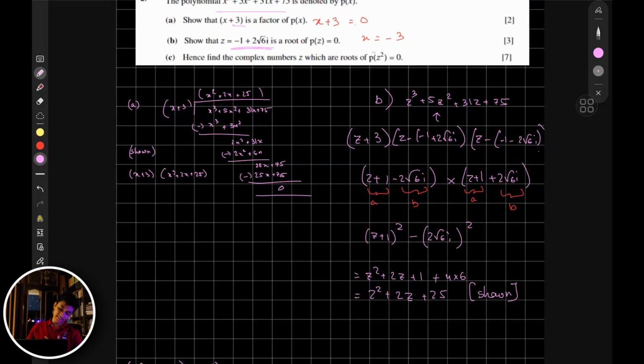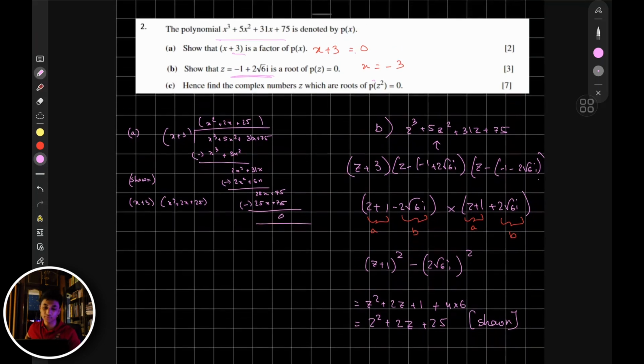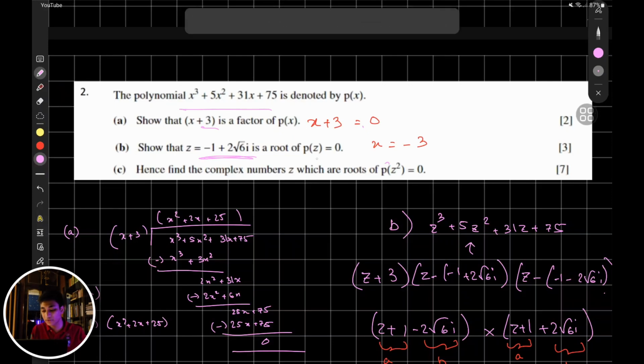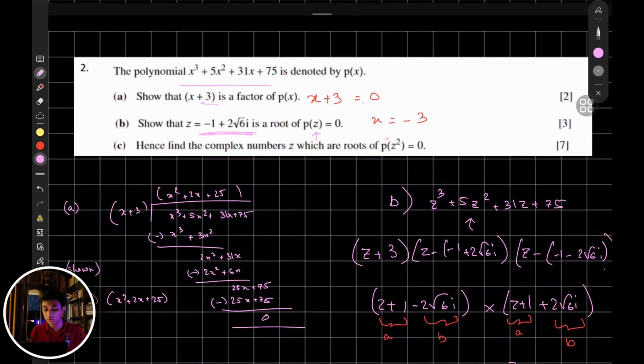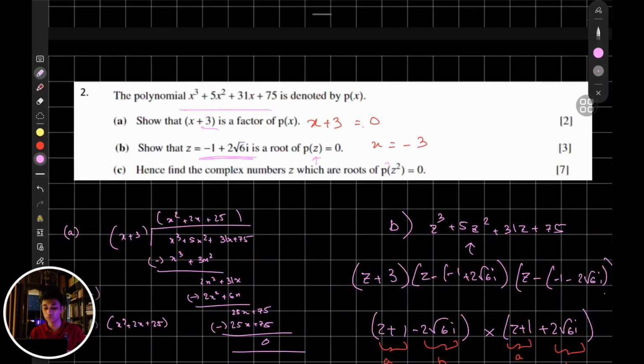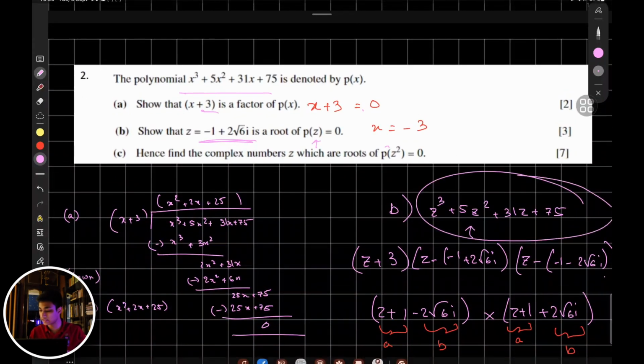I'll try and explain the concept of it, and I'll try to do it quickly. Up till now, p was a function of either x, where you represent the equation by x, or p was a function of z, where you represent the equation with respect to z.